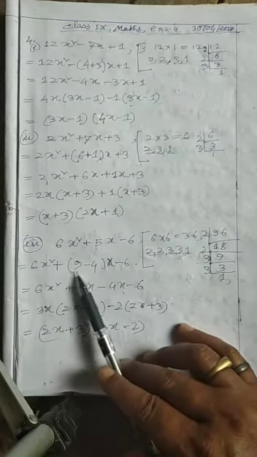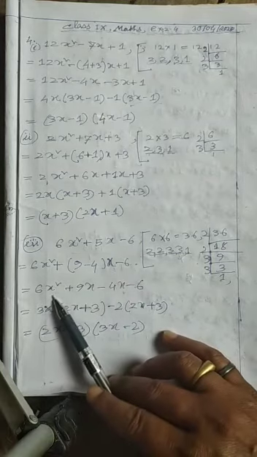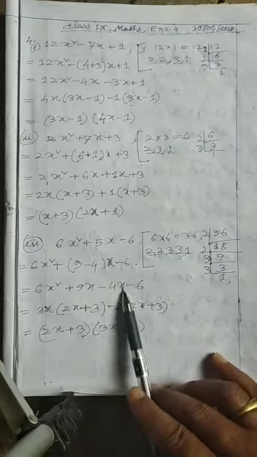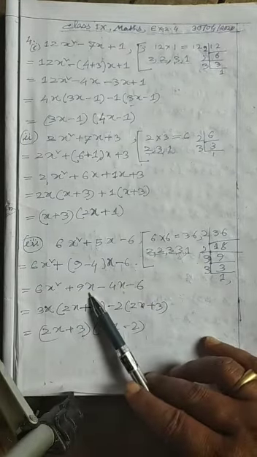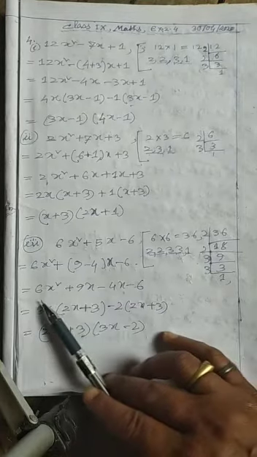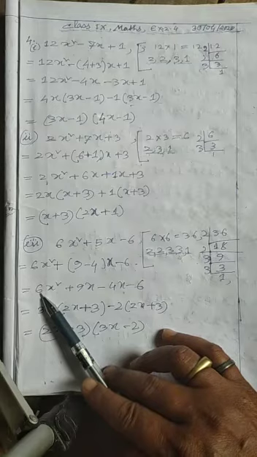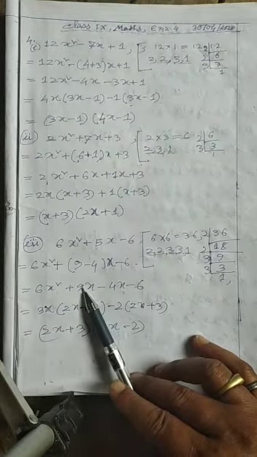6x square plus (9 minus 4) x minus 6. Therefore 6x square plus 9x minus 4x minus 6. From these two terms, what can you take common? Here 6 means 2 times 3, so it has two factors 2 and 3. 9 means 3 times 3, so it has two factors 3 and 3.